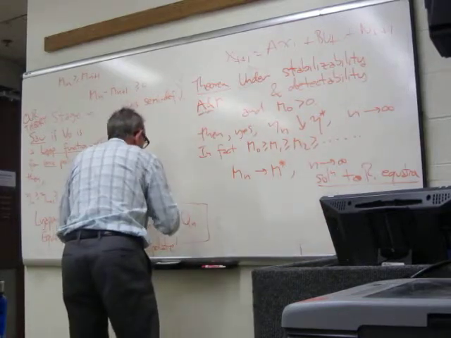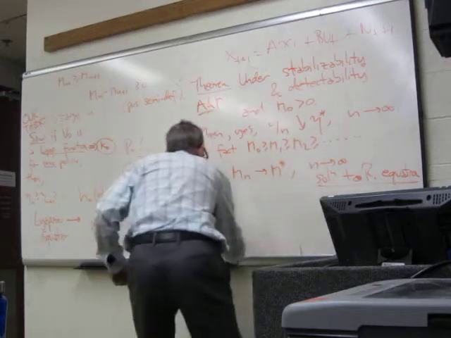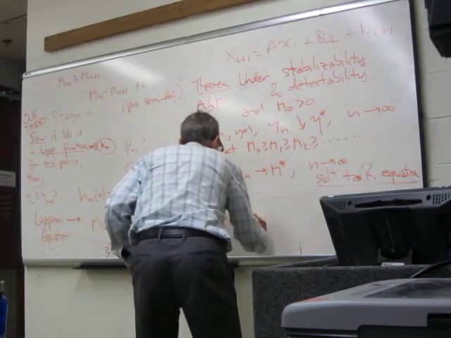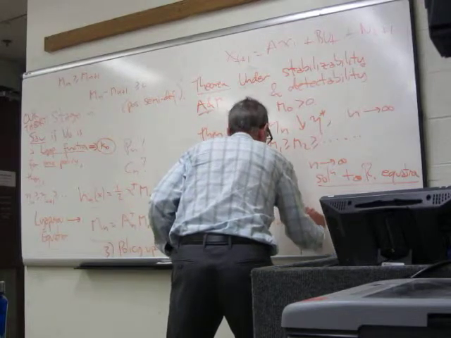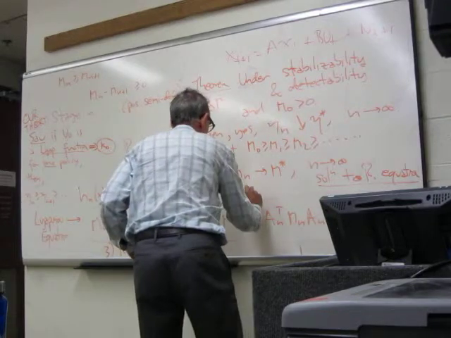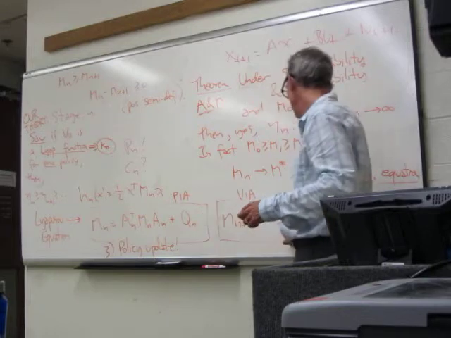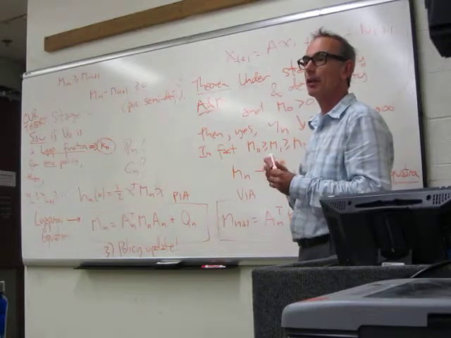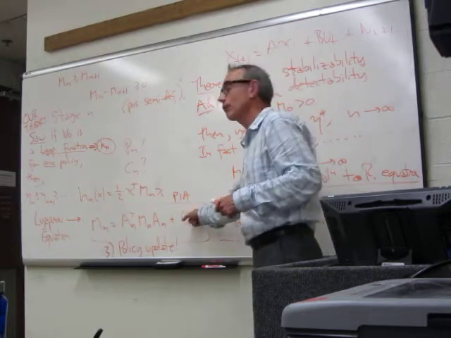This is PIA. They are different. Here you solve a linear equation, and here you just update, so the complexity is much less. That's stochastic approximation, and that's Newton-Raphson.